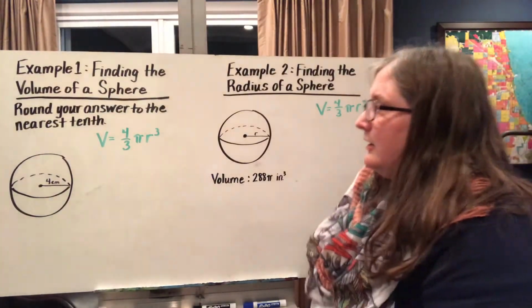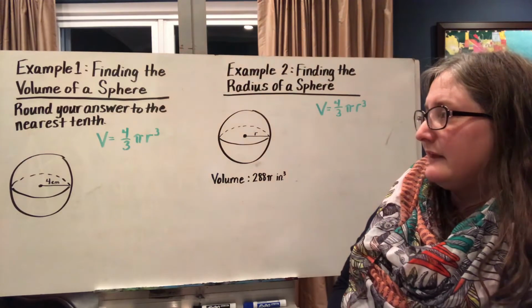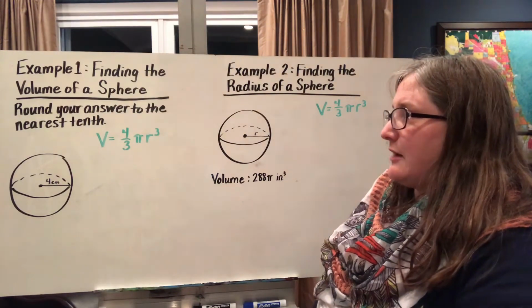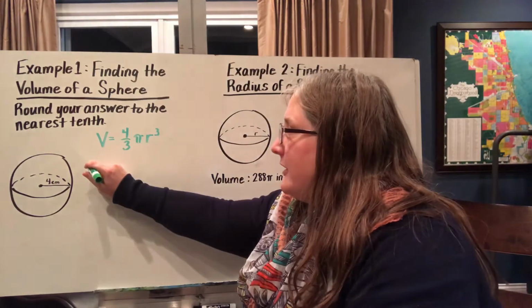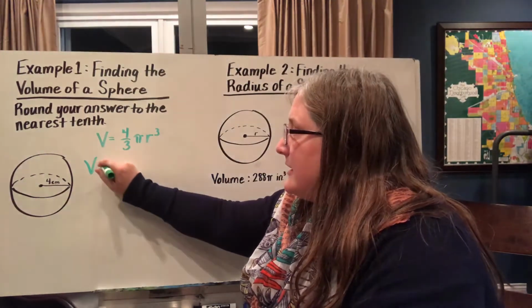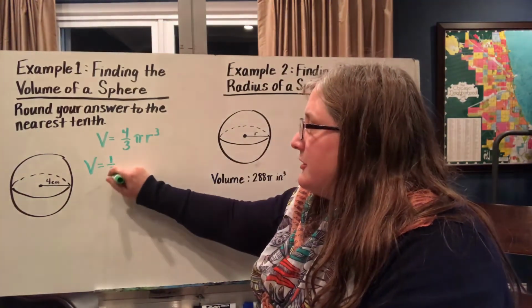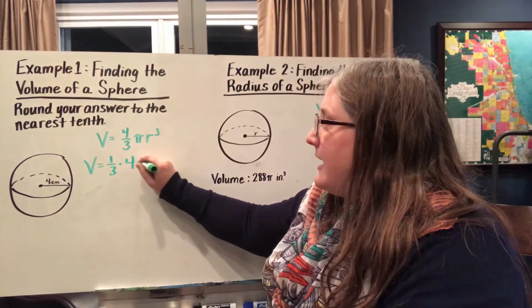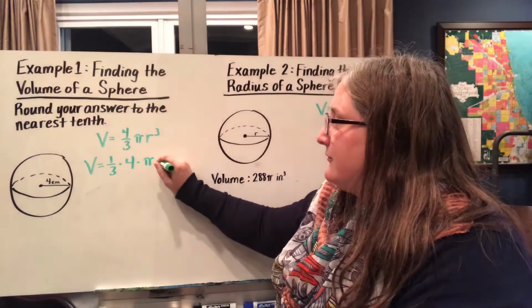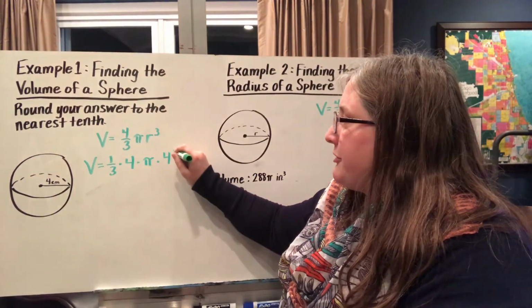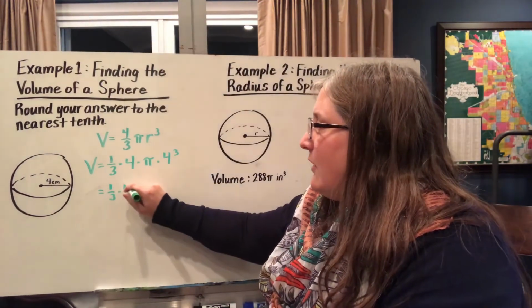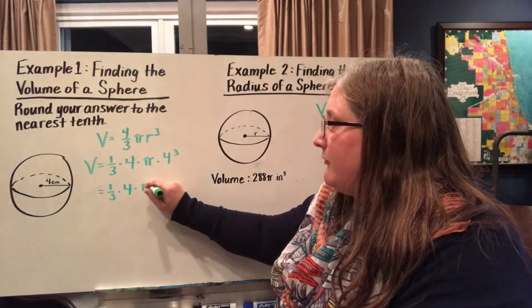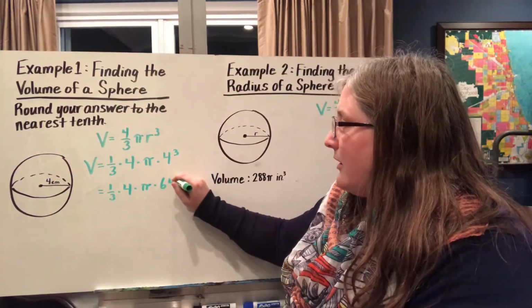So here's our first example. We're being asked to find the volume of this sphere and round our answer to the nearest tenth. So all we need to know in order to find the volume is the radius. So I'm going to do 1/3 times 4 times pi, and my radius is 4, so I'm doing 4 to the 3rd power. I want to do my exponent first, so I'm going to do 4 times 4 times 4, which gives me 64.